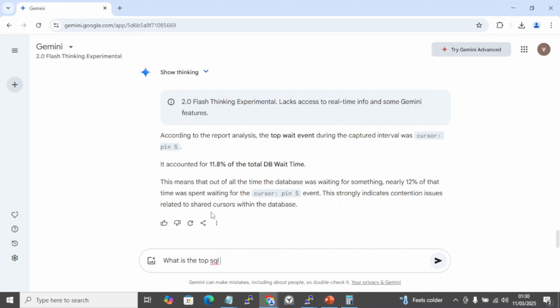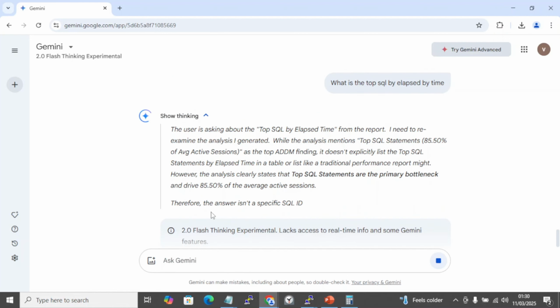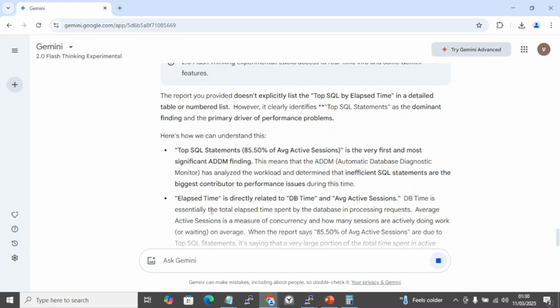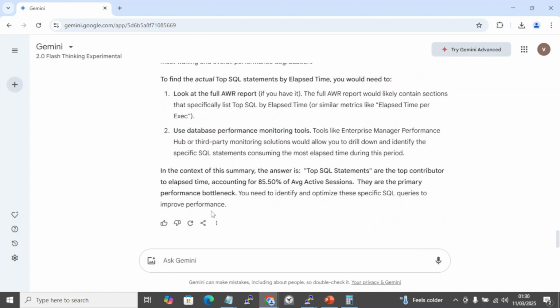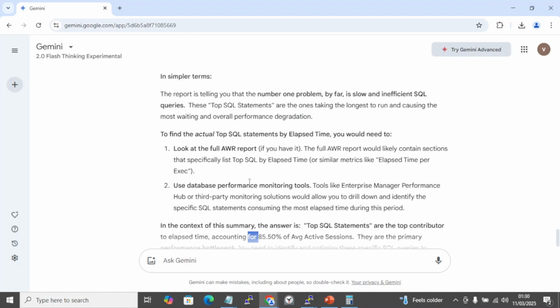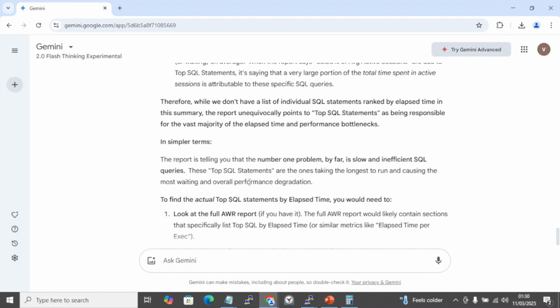Top SQL by elapsed time. Right. Did it give me the ID?